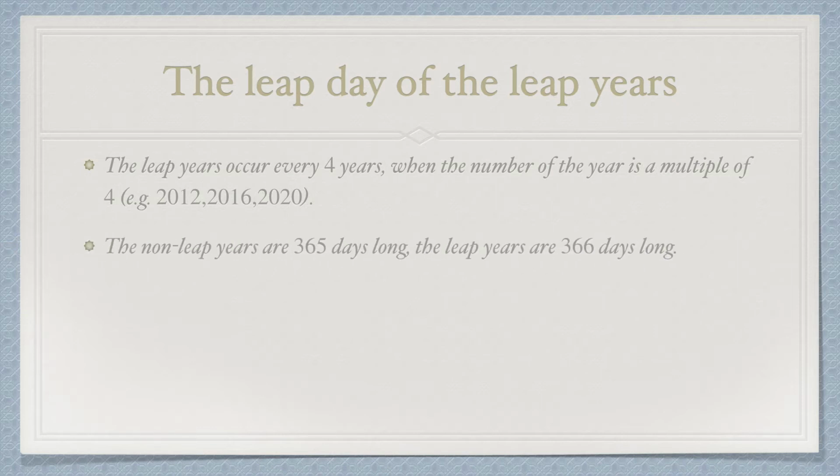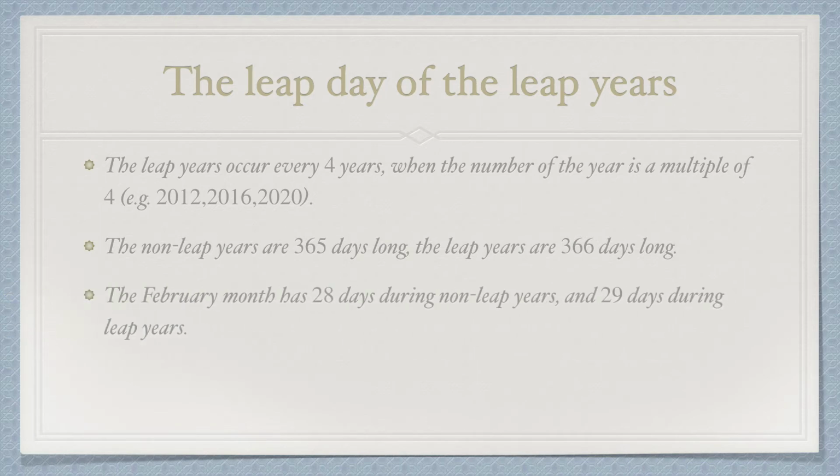The non-leap years are 365 days long, and the leap years are 366 days long. The February month has 28 days during the non-leap years, but 29 days during the leap years.